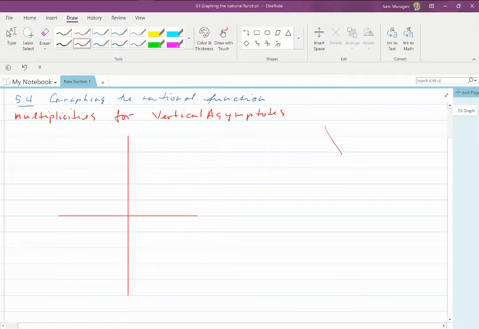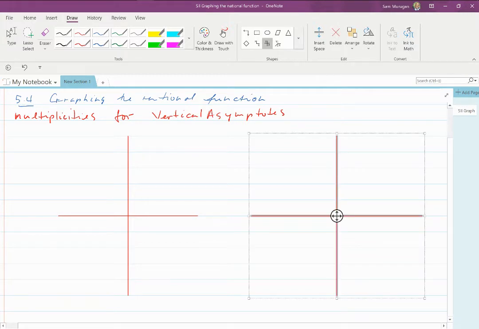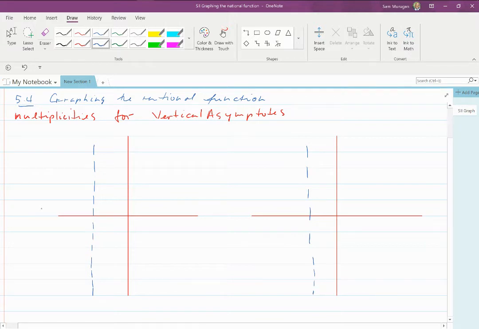let's take two types of graph. If we were to put in a couple of vertical asymptotes on one of these, let's say we had a vertical asymptote right here, or perhaps right here, we can have the graph coming in and approaching infinity on one side and negative infinity on the other side, or it might be approaching negative infinity on the left side and positive infinity on the right side, upwards.